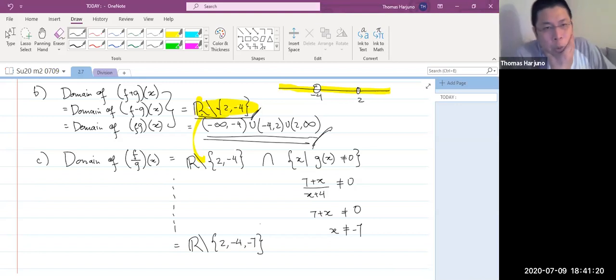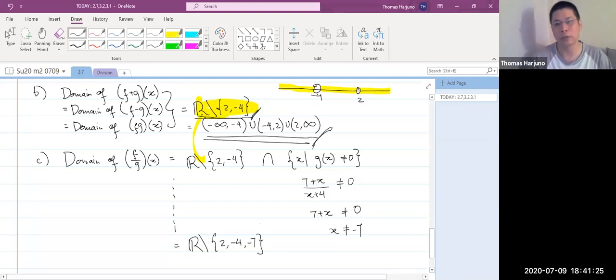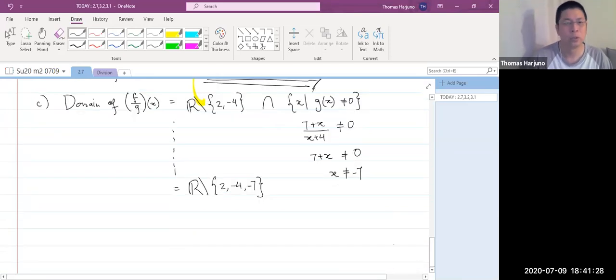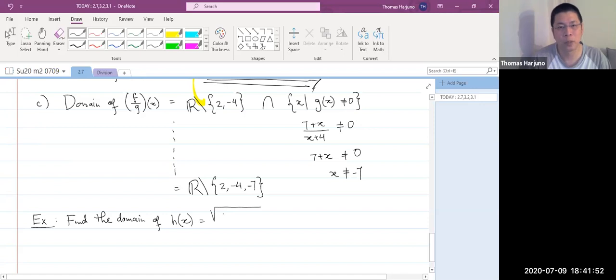Actually, in your tests, or you will see later on in future tests, you have this kind of question. For example, find the domain of, call that a new function, h(x) equals the square root of x squared minus 4, over x plus 3.